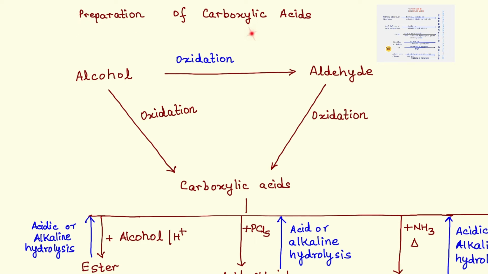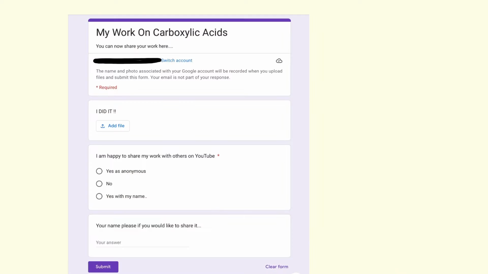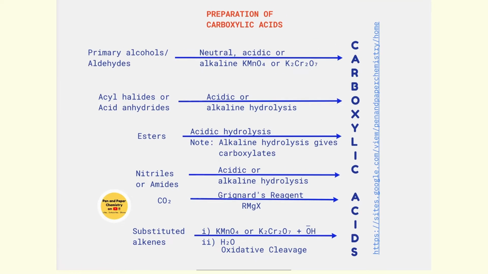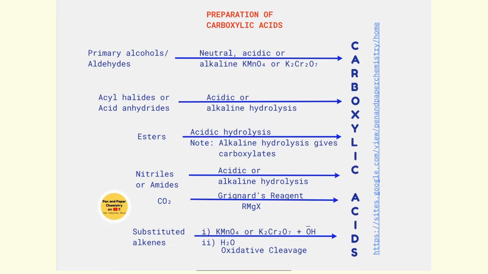When we do the preparation of carboxylic acids, of course we are going to refer to this chart again and again, so you can keep it handy on the left side or the right side of your notebook so that we can understand what this chart stands for. As you can see, the arrows are pointing from the left hand side all towards carboxylic acids.